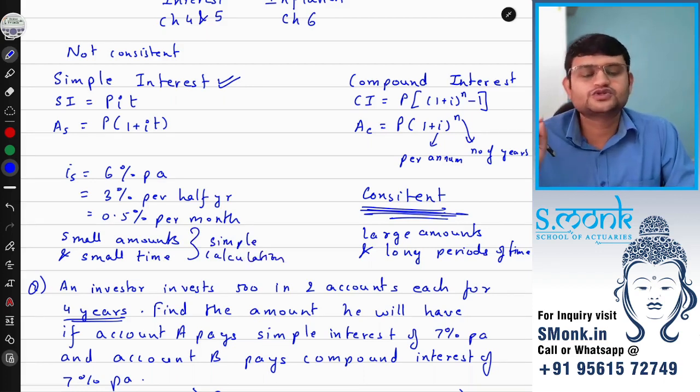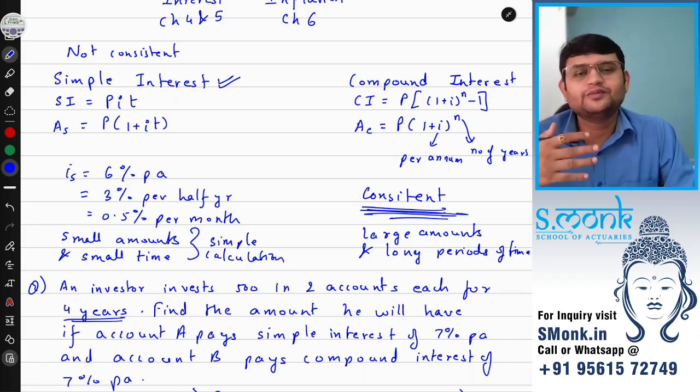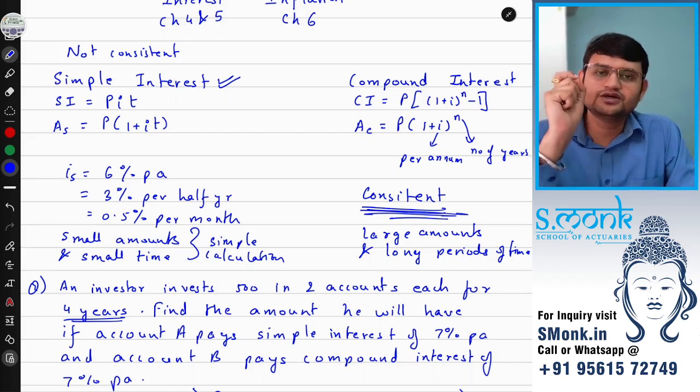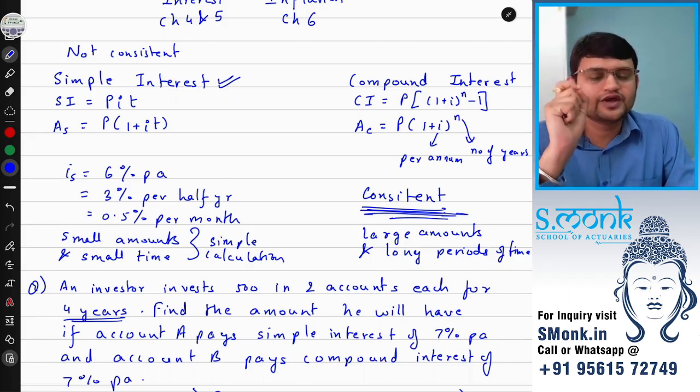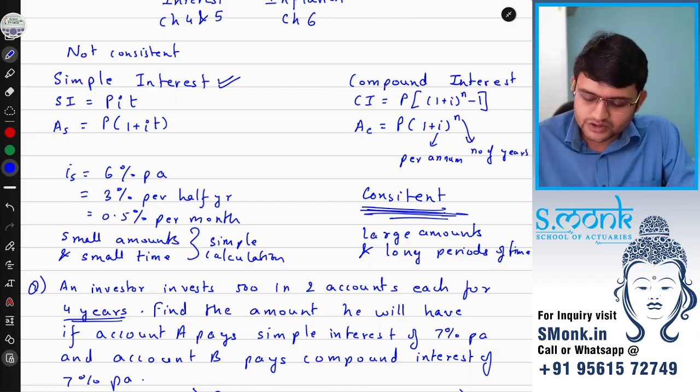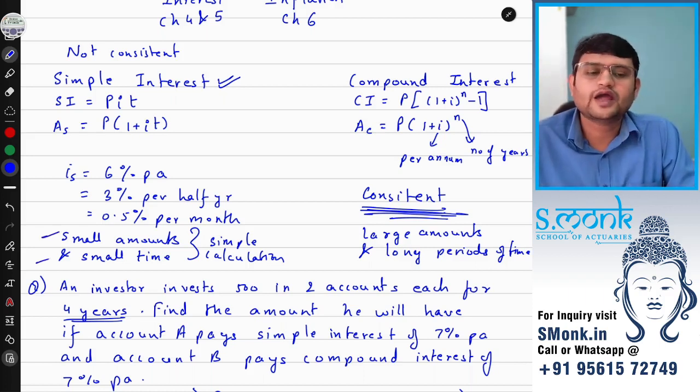And when we say simple for calculation, maybe for 2 years, maybe for 1 year, maybe for half a year, the difference in the interest will not be a very big amount. It will be a very small amount because the amount is also small. The time of calculation is also small.